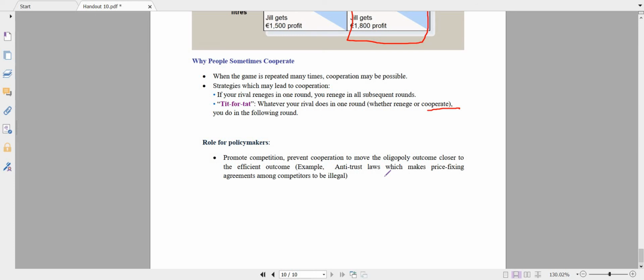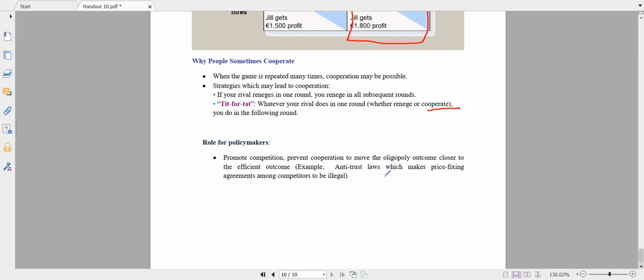In Pakistan, we have the Competition Commission of Pakistan, referred to as the CCP, which ensures that there's competition in the market, so that prices are set at a level below what a monopoly would charge, and production is greater in the market compared to a monopoly.